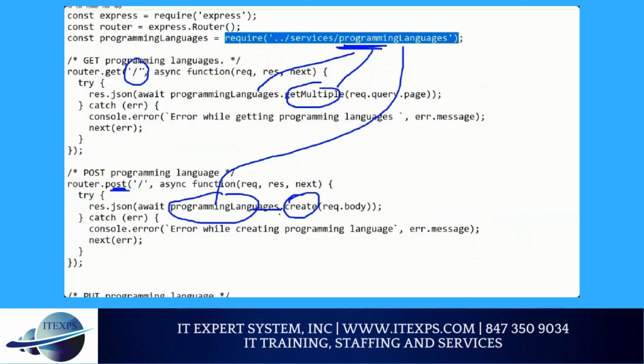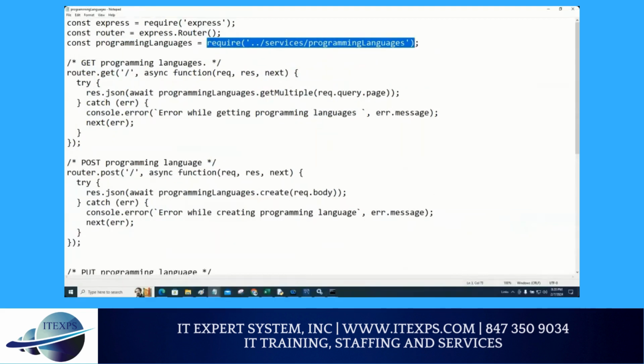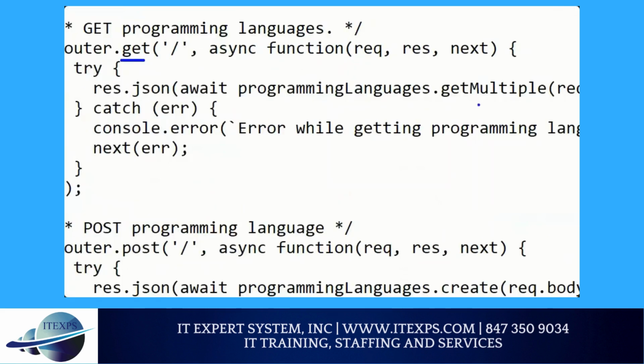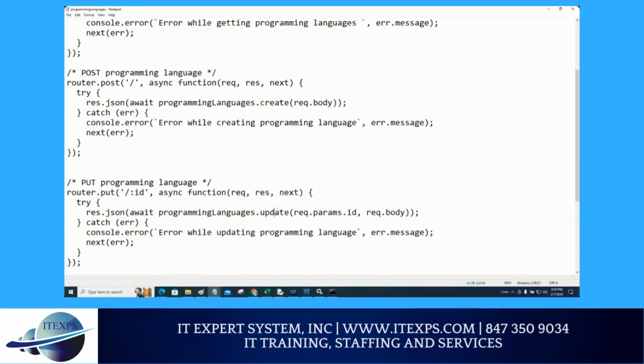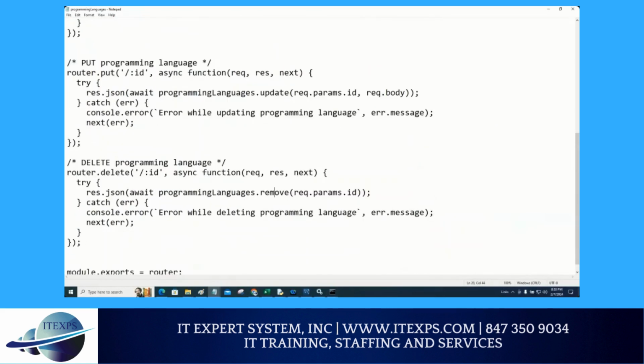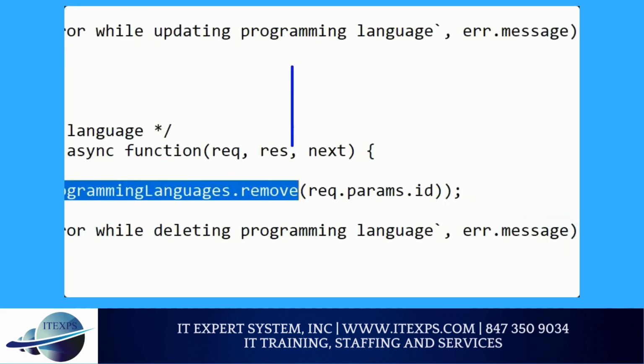Makes sense? So basically, each endpoint, get, has an associated method in a service. Post has an associated method in a service. So the service has all the methods, update and delete. Make sense? Let's understand again. The router doesn't do anything.